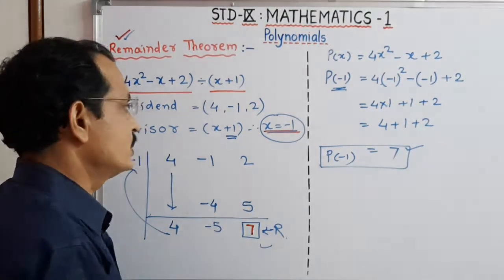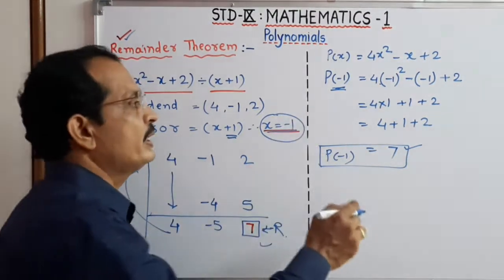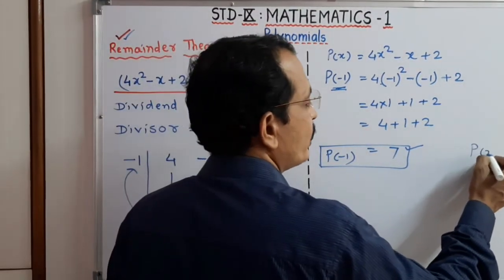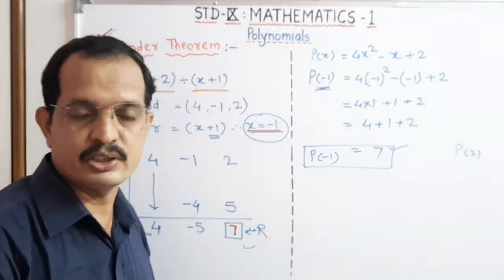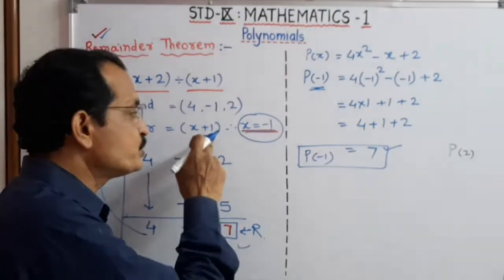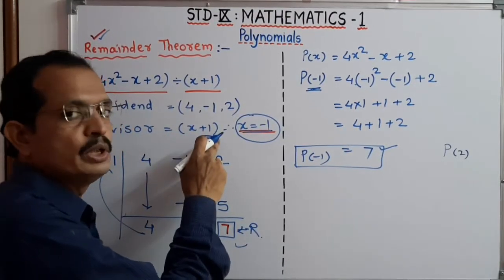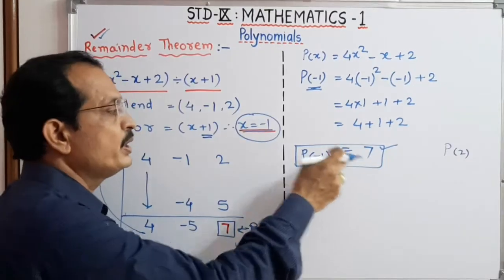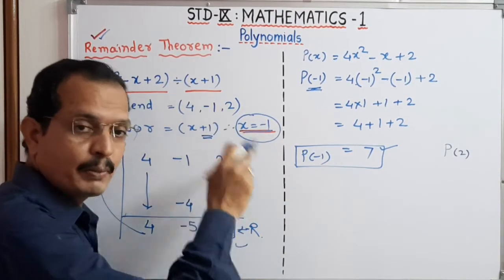Now see dear student, the divisor is x plus 1, and suppose I find the value of this polynomial for x is equal to 2, then will we get the remainder? No dear student, we have to observe the divisor. The divisor is x plus 1, therefore for finding the remainder we have to find the value of the polynomial for x is equal to minus 1.